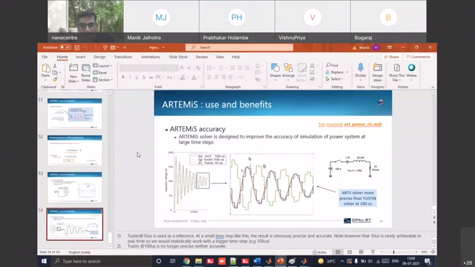Sure, sir. As I was mentioning in my session, it depends. First of all, it depends on the requirement because there are various products and various toolboxes. If you want to work on the power electronics side, then you need to go for EHS.